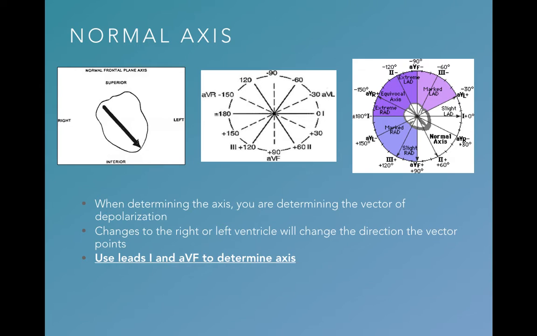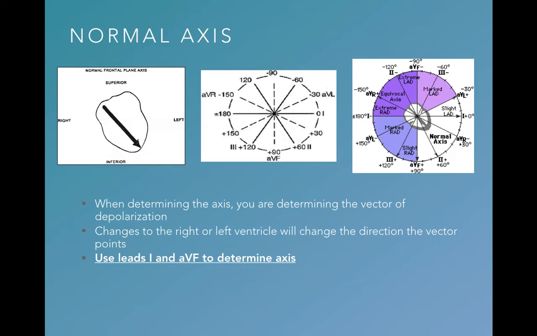If you look at the picture on the left, this is the normal vector. Hopefully you recognize that. It's moving down and to the left, which is where the left ventricle is. And you can kind of see where that arrow would be pointed in the middle and on the right pictures, how it should be somewhere between 0 and positive 90 degrees.